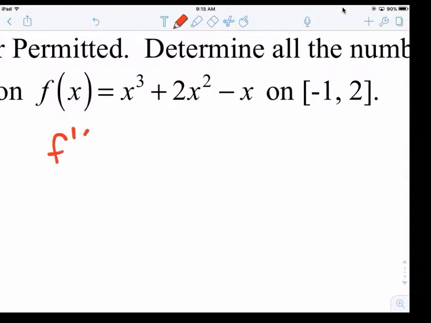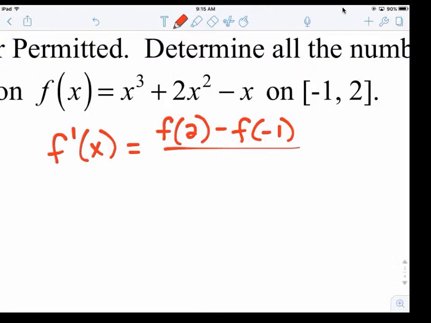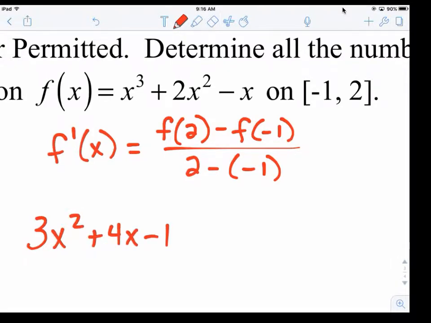So I have f prime of x, the average rate of change. That's 2 minus -1. My derivative is 3x squared plus 4x minus 1.